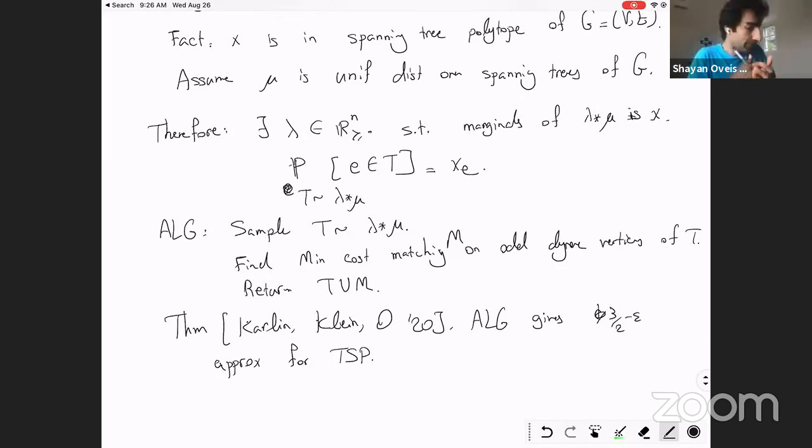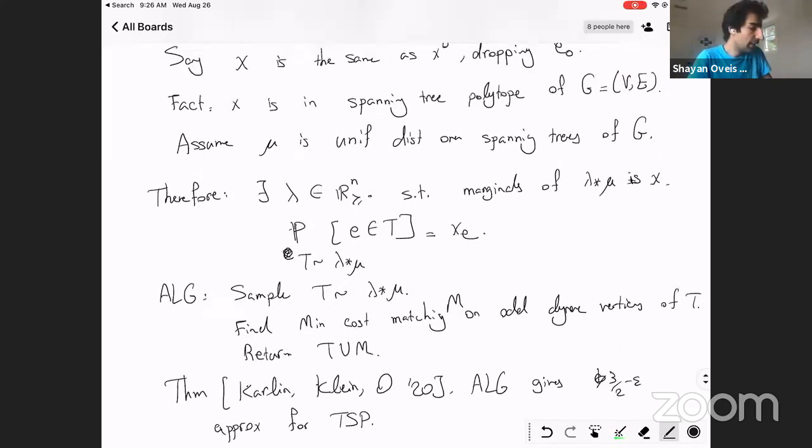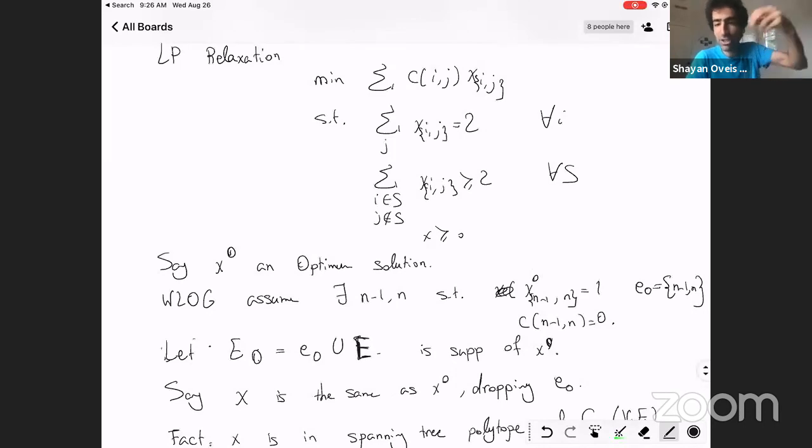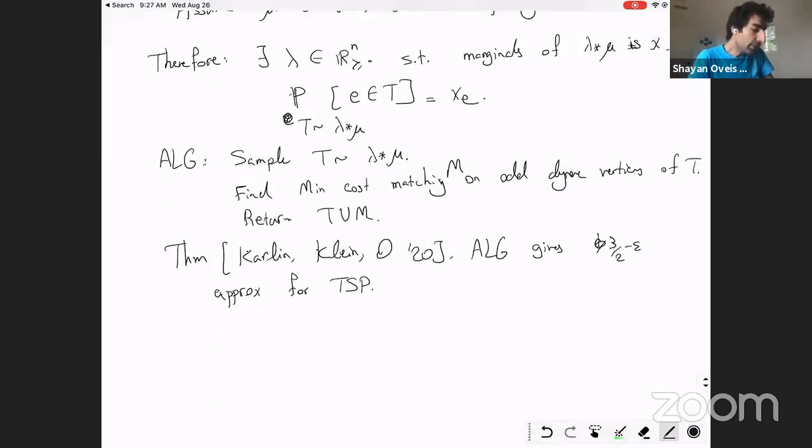Okay. So in the proof of this, many properties of these strong Rayleigh distributions become useful. I want to tell you one specific lemma that we proved, but let me first say a simpler property. As I said, every vertex except these two special vertices n-1 and n has degree 2 in x: the summation of x of edges neighboring every vertex is 2. Now you get to look at the degree distribution of a vertex.